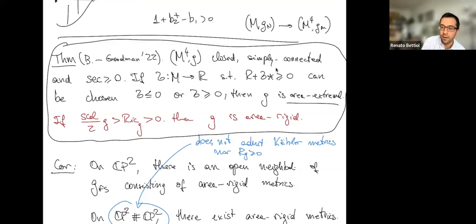So it would still not work on, well, let me see. So you're asking, you take S3 cross S1 with the product metric, right? It has no negative sectional curvature. Right.